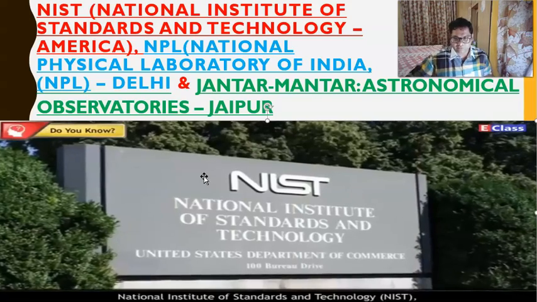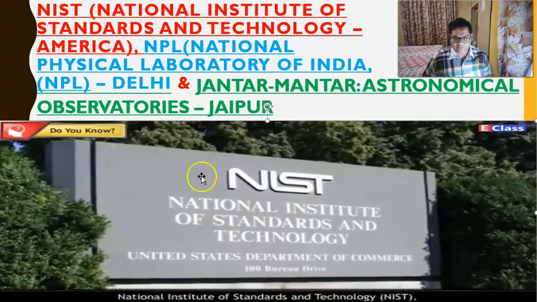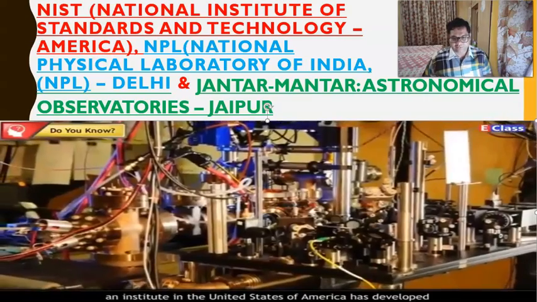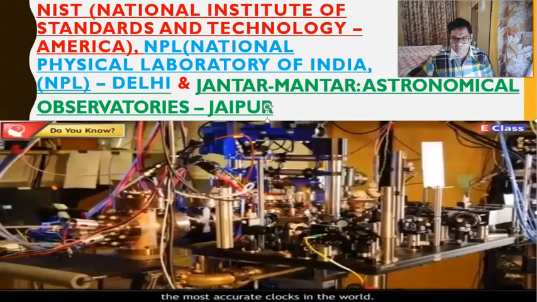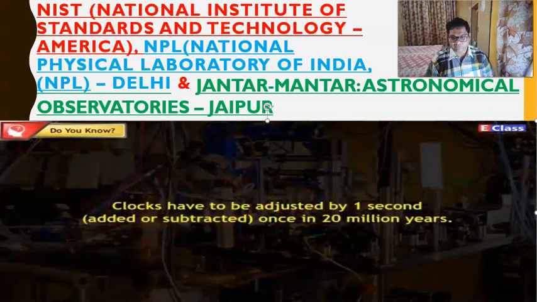National Institute of Standards and Technology, NIST, an institute in the United States of America, has developed the most accurate clocks in the world. Clocks have to be adjusted by 1 second, added or subtracted once in 20 million years.